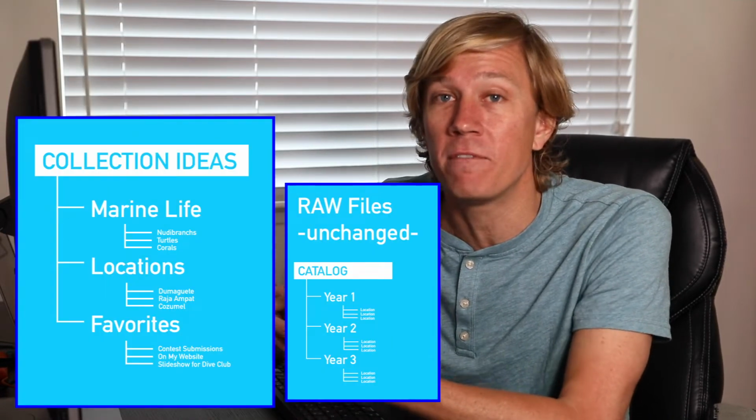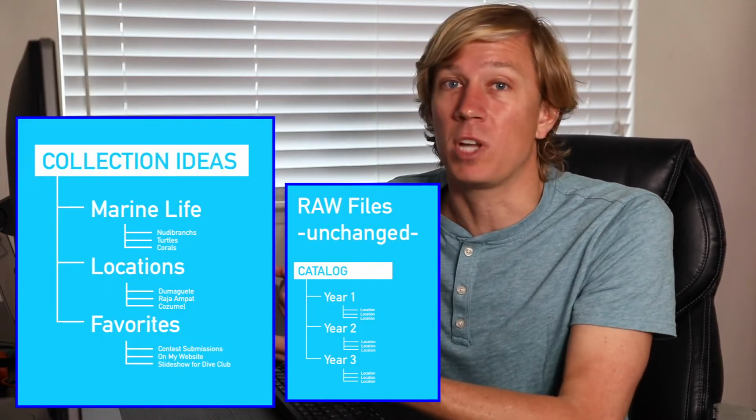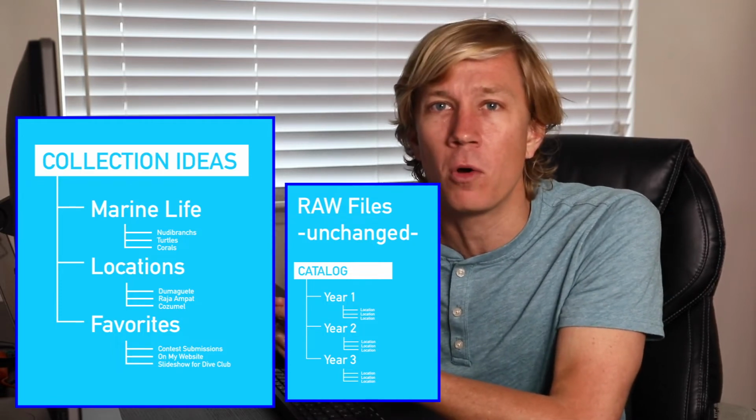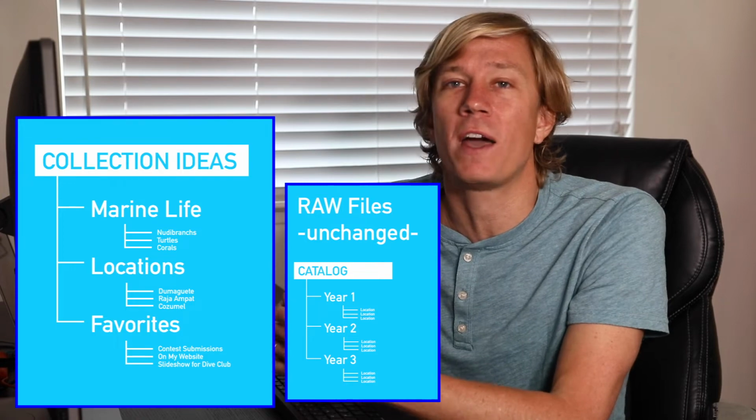That's what's powerful: I can create a collection based on certain marine life, certain locations, certain types of colors in the images, certain themes like wide angle or macro, and it'll help us find these favorite galleries over time, to export them and share them and stay organized no matter what we're looking for. So let's dive in and see how to do that.